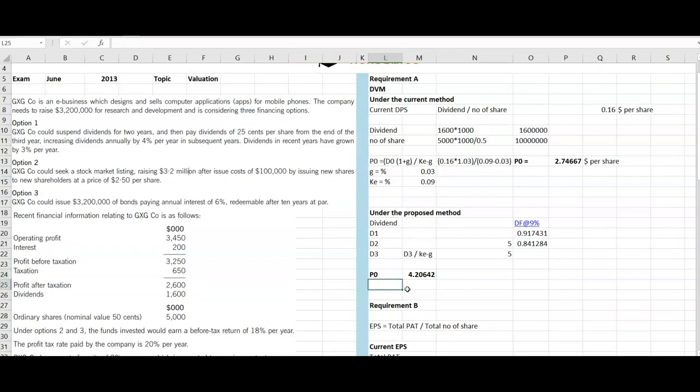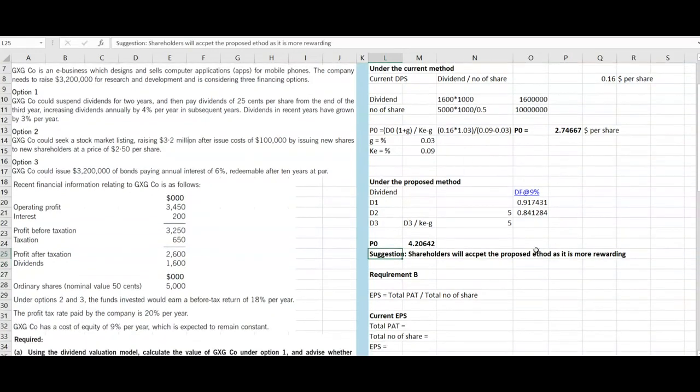So that is what we have to tell. The suggestion would be that shareholders will accept the proposed method as it is more rewarding. That's what they would do, and that's about this problem.